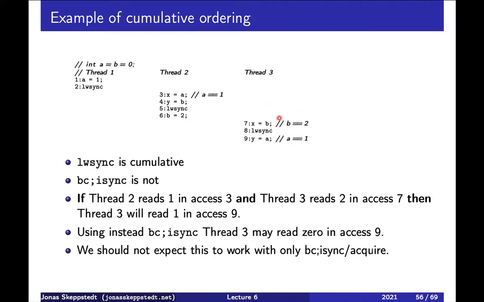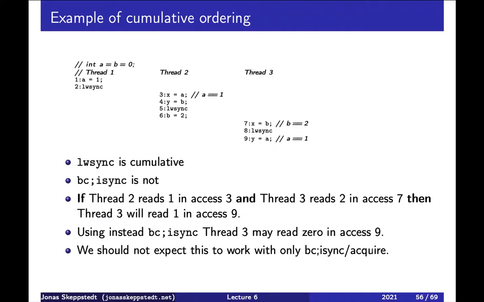And now we assume that thread 3 reads this B, meaning 2. And it does a lightweight sync, and then it reads A. And as it happens, the lightweight sync will make A be certain to be 1.